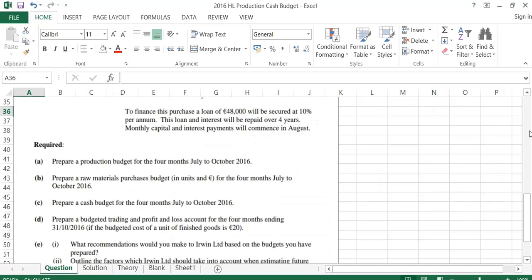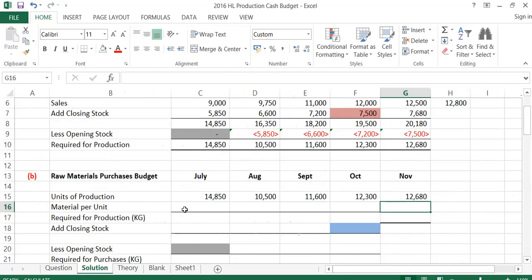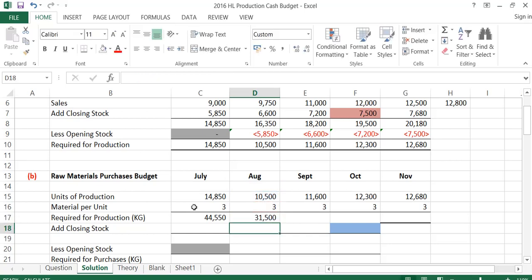It tells us above here that we need 3 kgs of material X. So I'm just going to put in 3 for each month, and then we're just going to simply multiply those to see how many kgs we need. So if we need 14,850 units and we need 3 kgs per unit, we're going to need 44,550. And it's going to be the same for August.